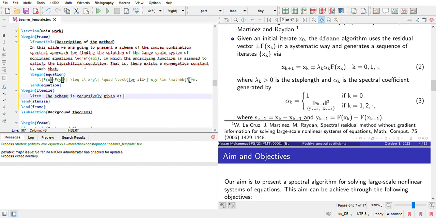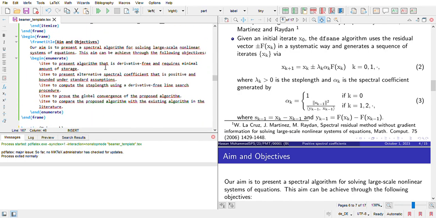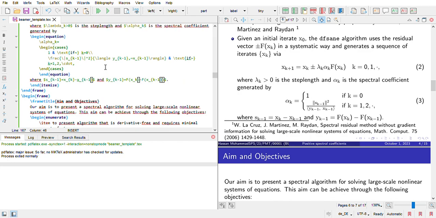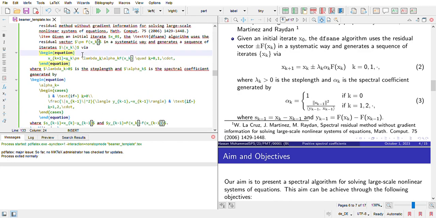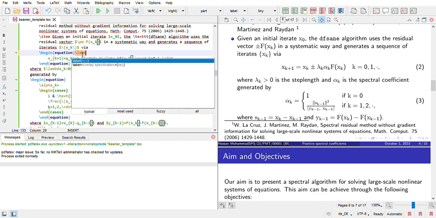I don't know whether I have labeled it. Let me go back, labeling equation 2. If I have labeled it, oh, I didn't label it, so I have to label it, backslash label EQ, because I want to refer to it now.